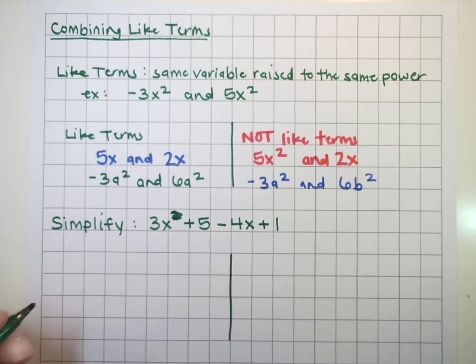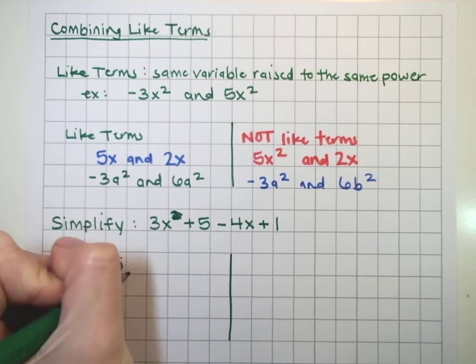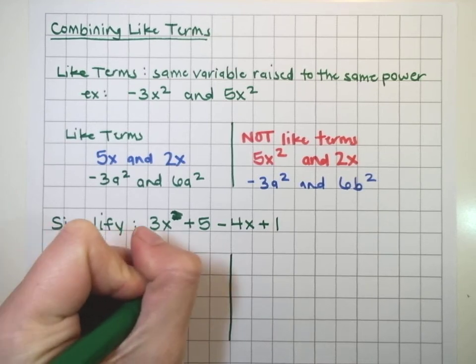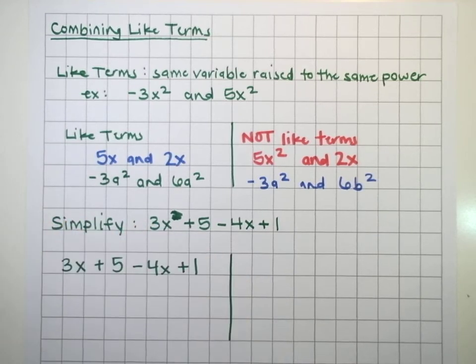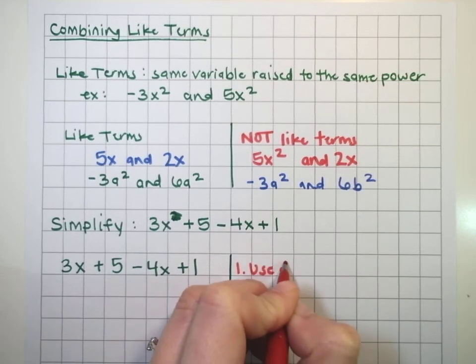Draw a little line. Go ahead and copy down our expression, 3x plus 5 minus 4x plus 1. And so our first step is to use different shapes and identify like terms.